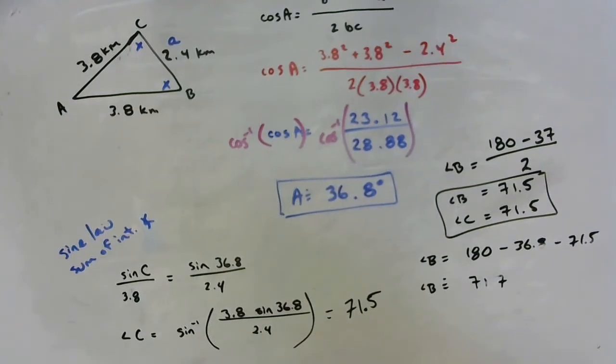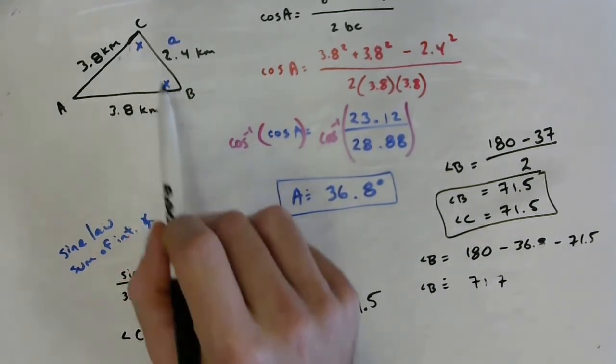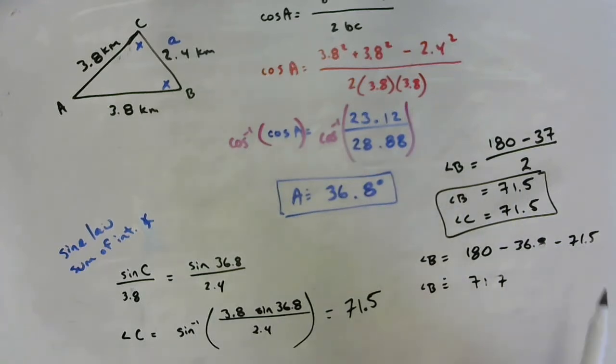And we were asked to round to the nearest degree. So you have all those: angle A is 37 degrees, angles B and C are 72 degrees, rounded to the nearest degree.